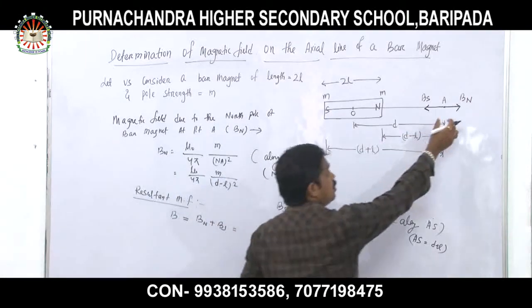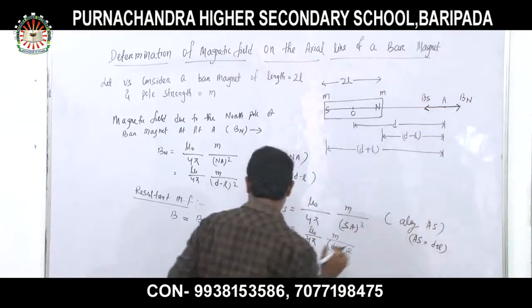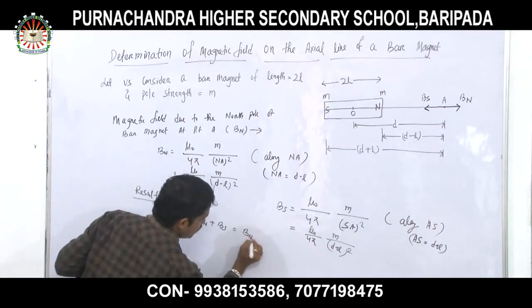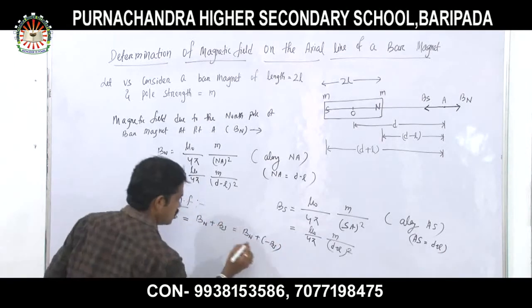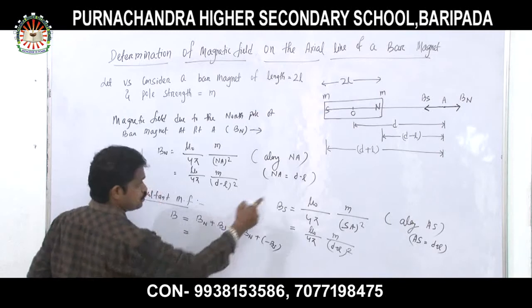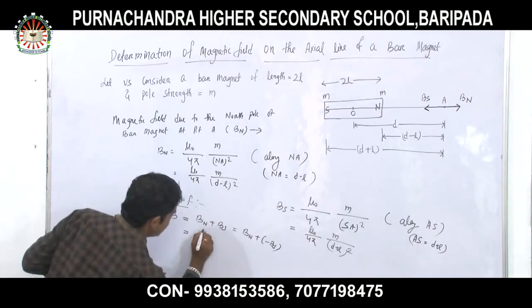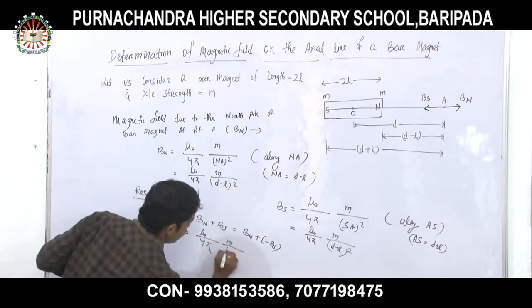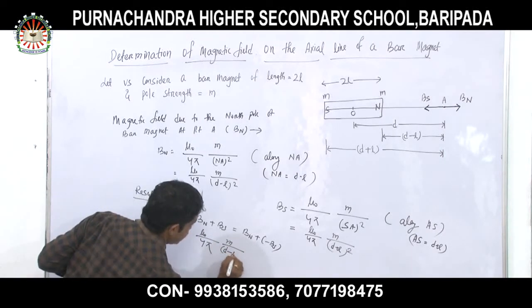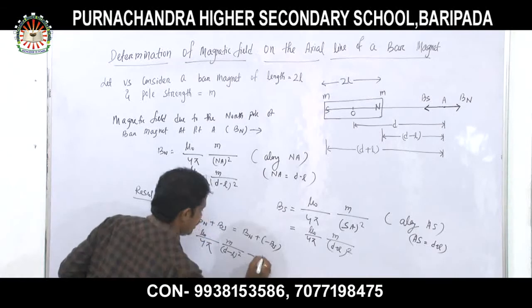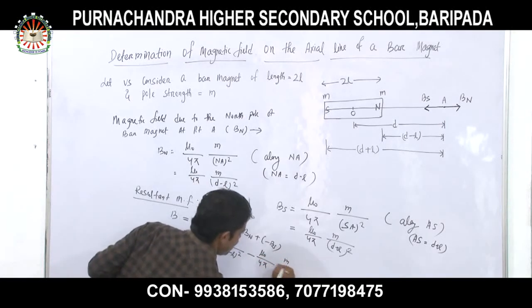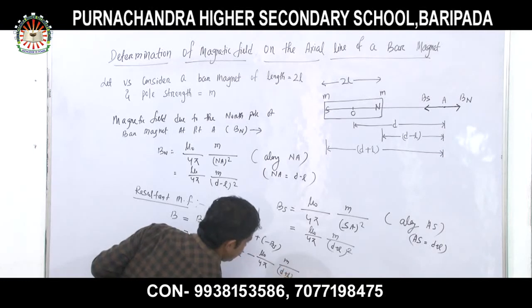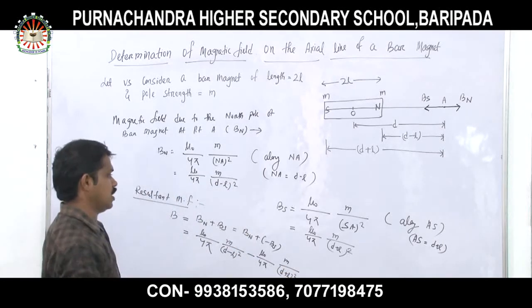So resultant magnetic field, that is B is equal to, very simple, Bn plus Bs. But look at it, Bn and Bs are opposite in direction, so that's why Bn minus Bs, they are opposite in direction. So I have to put the value here. So that is mu 0 divided by 4 pi m divided by D minus L whole square minus mu 0 divided by 4 pi m divided by D plus L whole square.